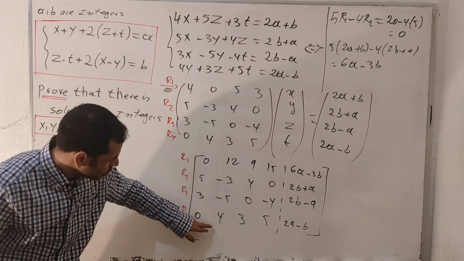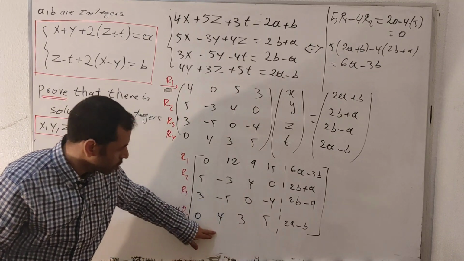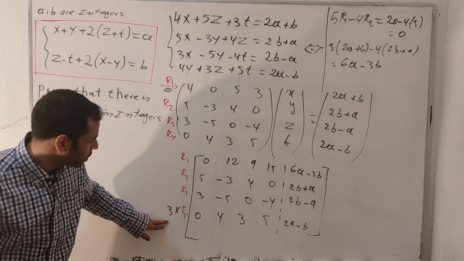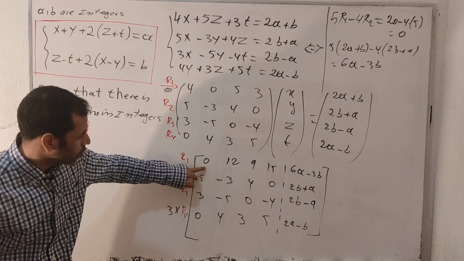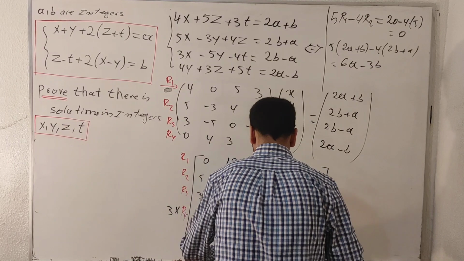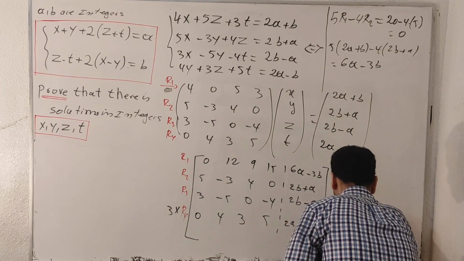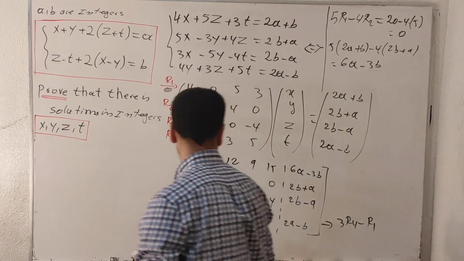I'm going to use the trick to get this whole row to 0. I'm going to multiply the fourth row by 3 and subtract the first row, which means the row will be transformed as 3r4 minus r1, to see what it gives us.